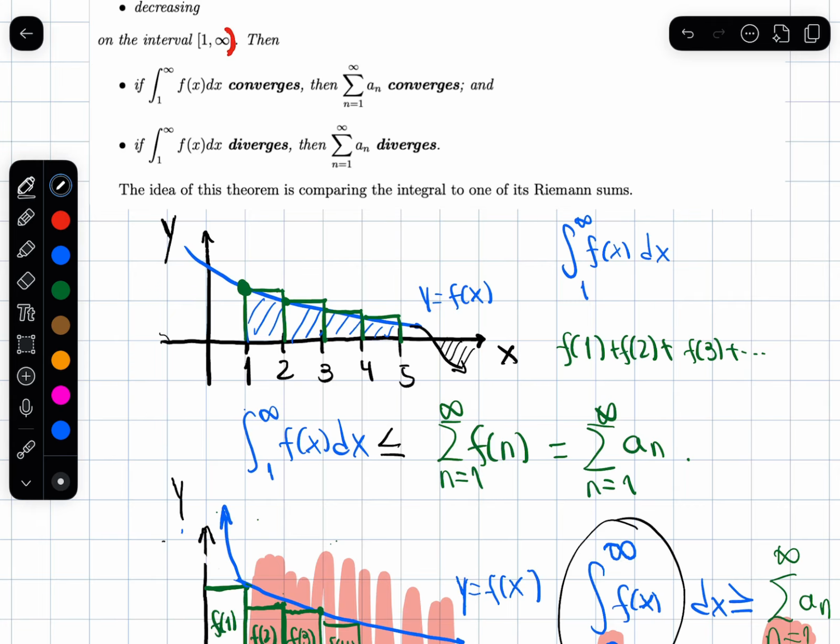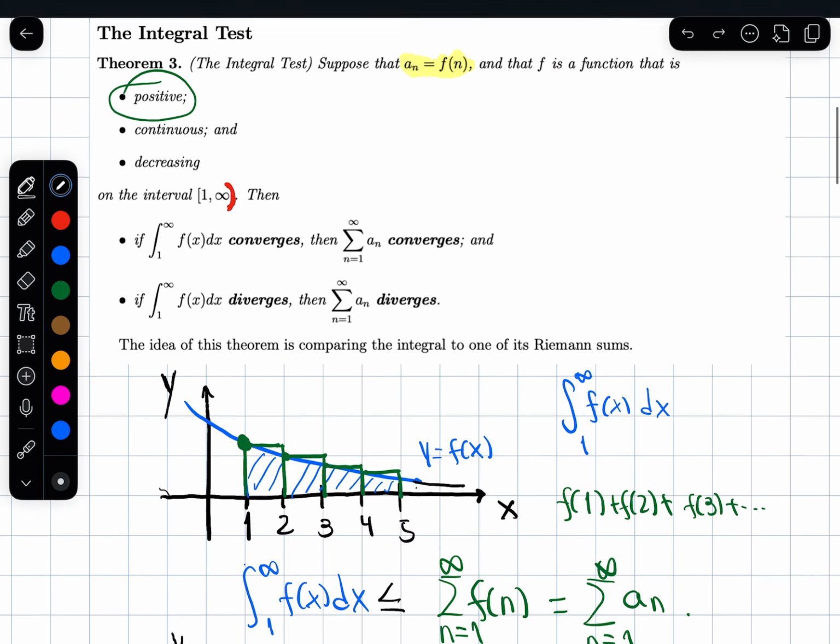So you don't want that to happen. You want to have this sort of squeeze limit effect, where your function is squeezing your series between the x-axis and its graph.